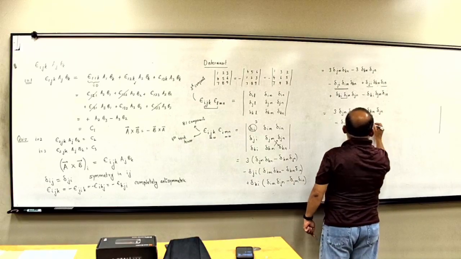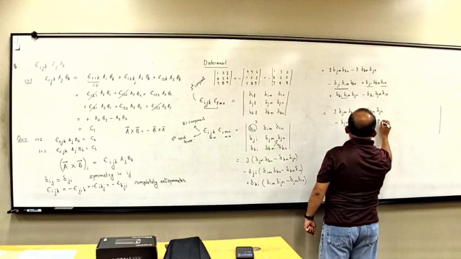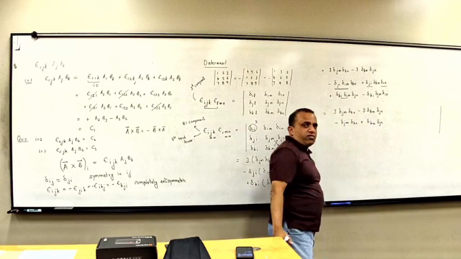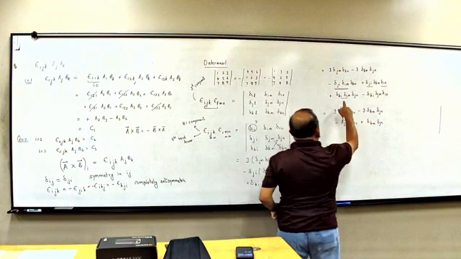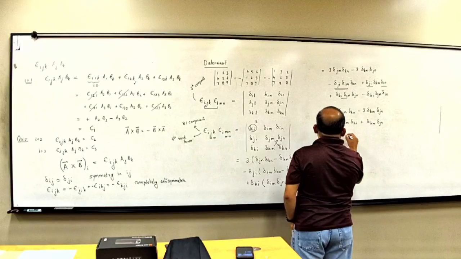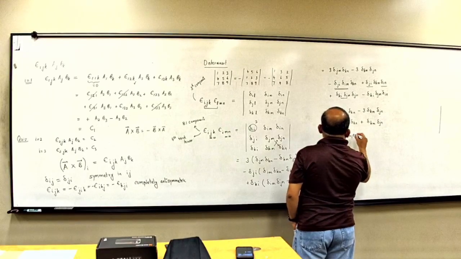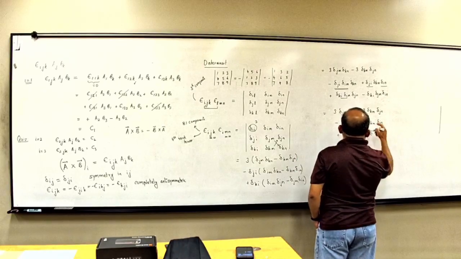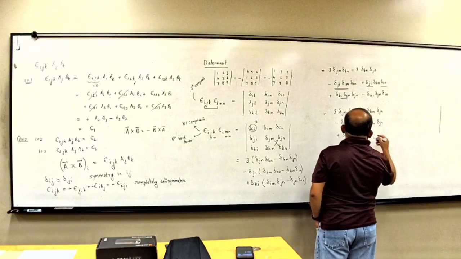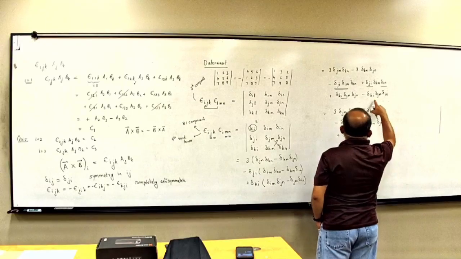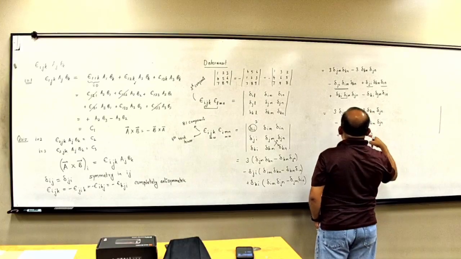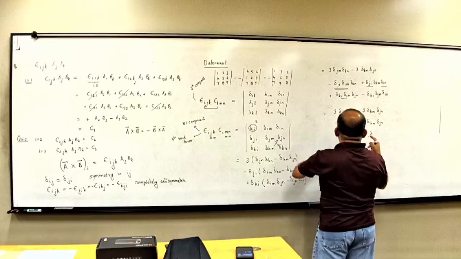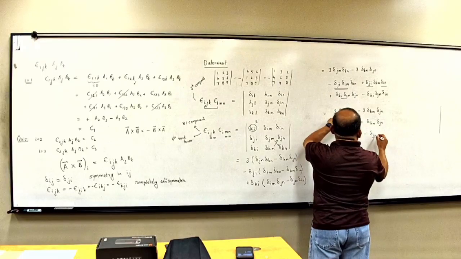Let me write Km first, and it is delta Jn. And do the same thing here, it is plus delta Km delta Jn, minus of delta Jm delta Kn. Let me write Jm first so that it looks pretty much like this.